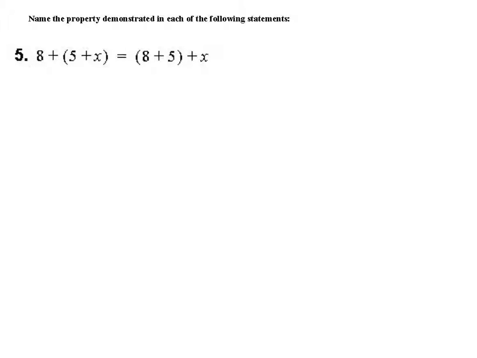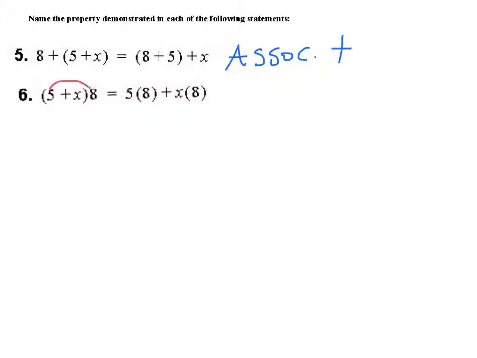Okay, they just left the order the same and moved where the parentheses are, so that is associative property of addition. This time they took 5 times 8 and 5 times x, so that is distributive property. Here they switch the order.